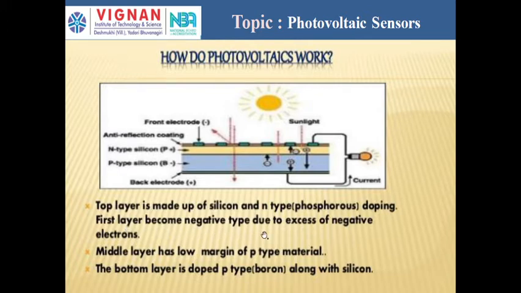The middle layer is a thin junction region, and the bottom layer is doped p-type, with boron along with silicon.